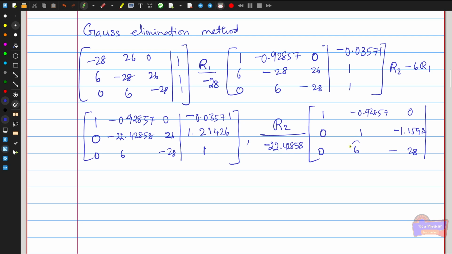Now I should make this element 0, so what I am going to do is use the condition R3 minus 6 times R2.